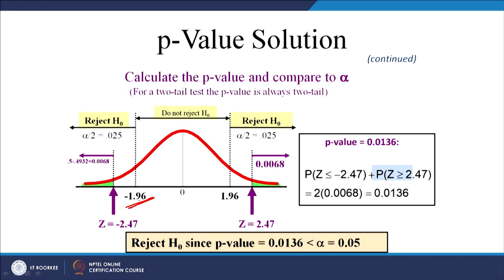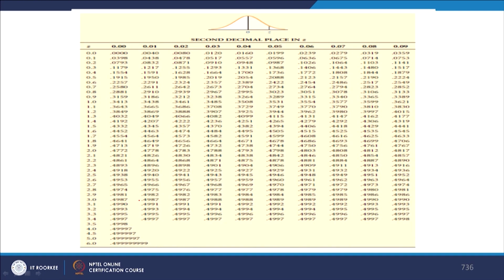For that you need the z table. So, let us look at what those values in the z table are. At 1.96, this is 1.9 and this is the one, right, 0.475.